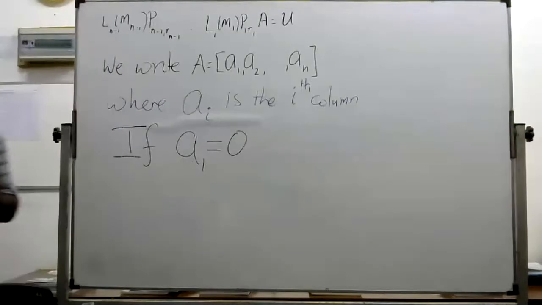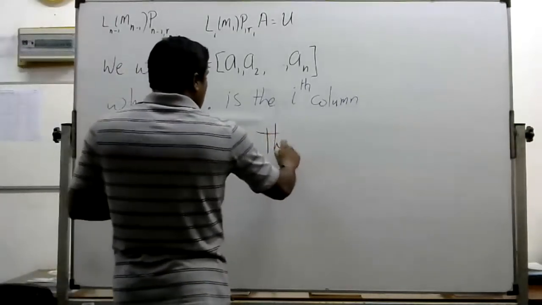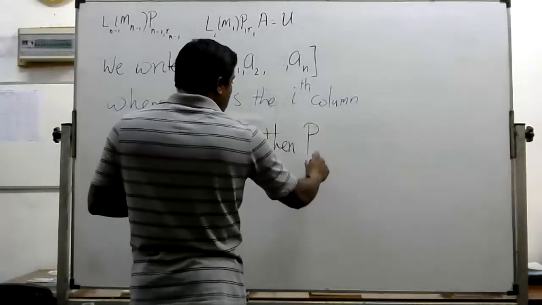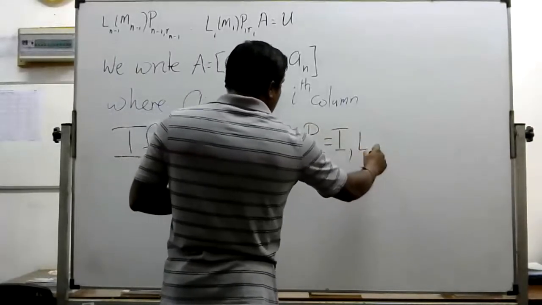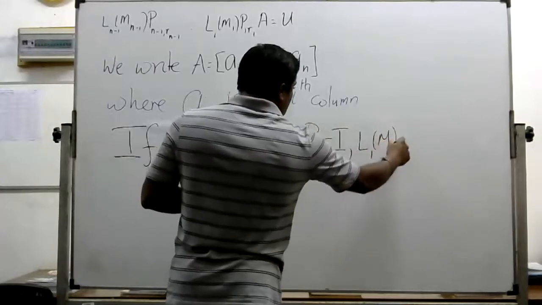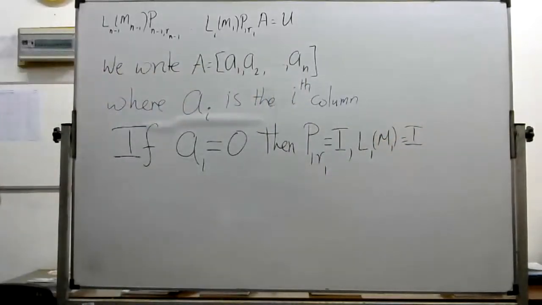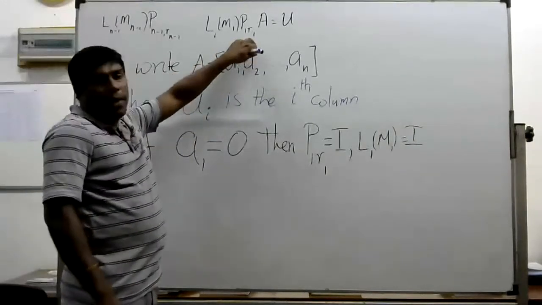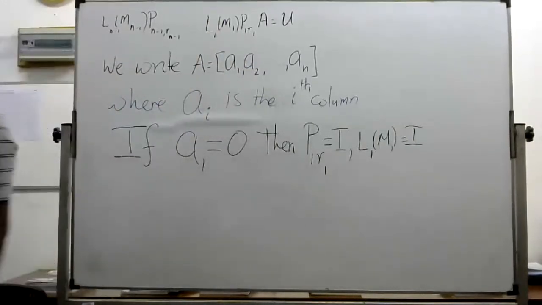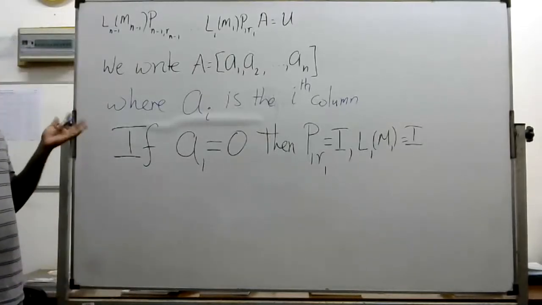If A1 is zero, then you can choose both the elementary permutation matrix and the elementary lower triangular matrix as the identity matrix, right? You don't need to do anything.